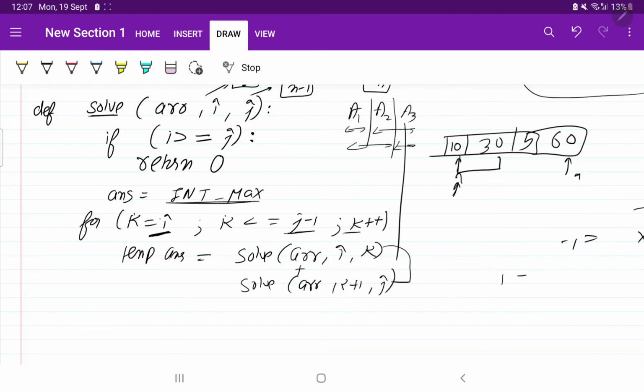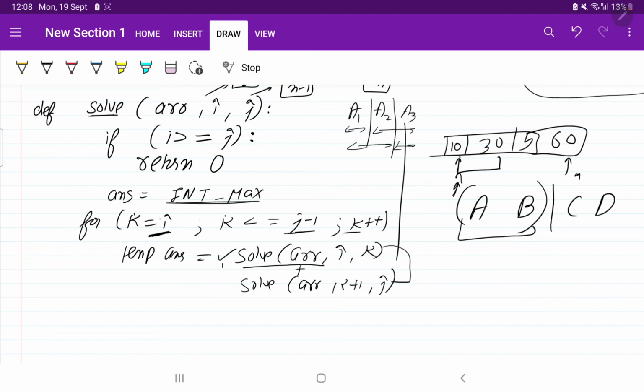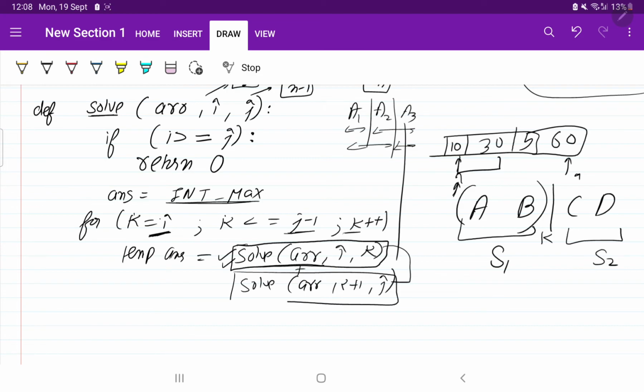Suppose we have three elements A, B and C, and we have done a partition at k. Let's say we have 4 elements, it will be a bit easier: A, B, C, D. We have done the partition like this, so the first solve will give from i to k. Suppose this is S1 and this is S2. This one is the S1 result and this is the S2 result.